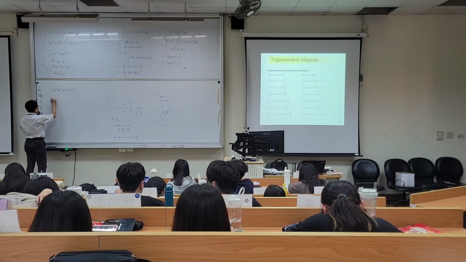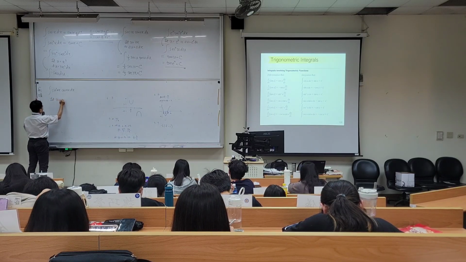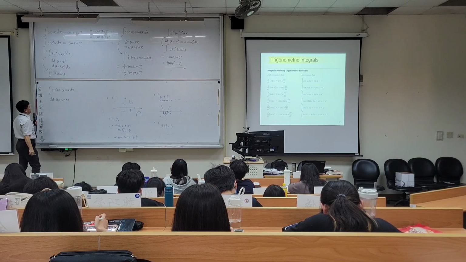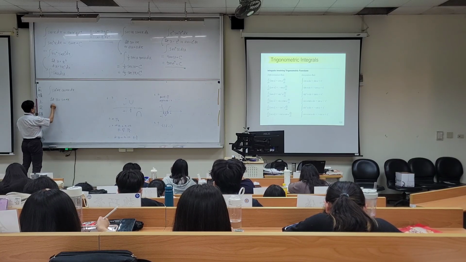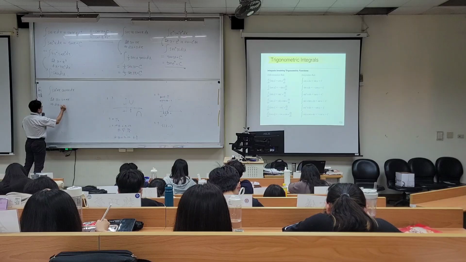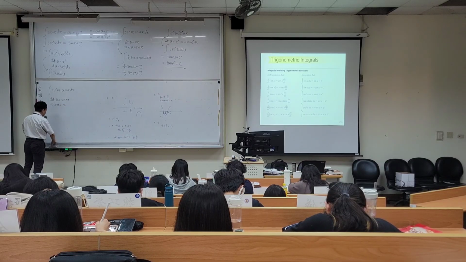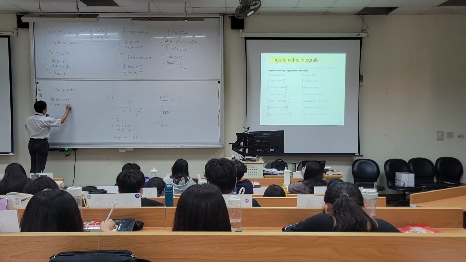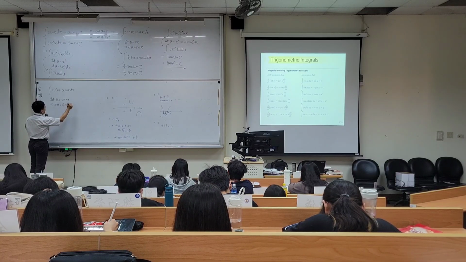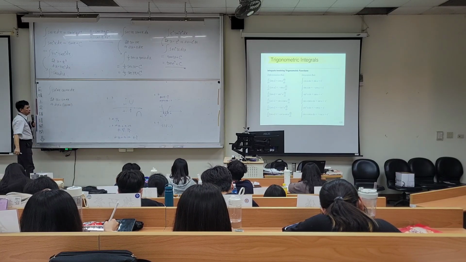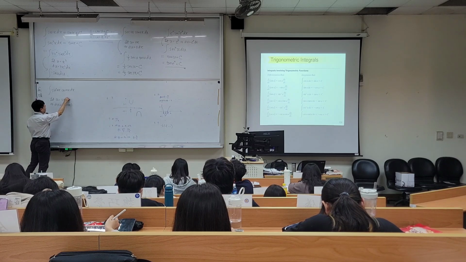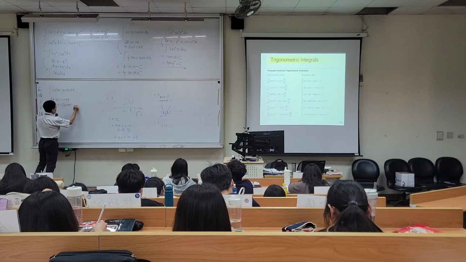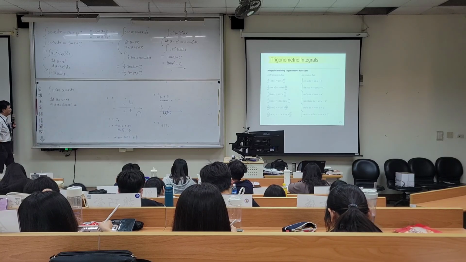So we'll let u equal to sine 4x. Okay, so I can imply du equal to cosine 4x, and use the chain rule, so we need to take the derivative of this 4x. So I need to multiply by 4.